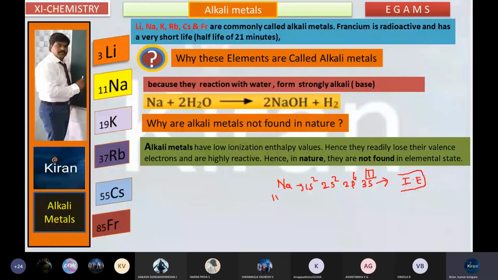The ionization energy of all these elements is less because by losing this electron, the previous shell is considered the last shell. Then the sodium metal gets stability. So alkali metals have low ionization enthalpy values. Hence they readily lose their valence electron and are highly reactive. Hence in nature they are not found in the elemental state. They are available in the combined state.